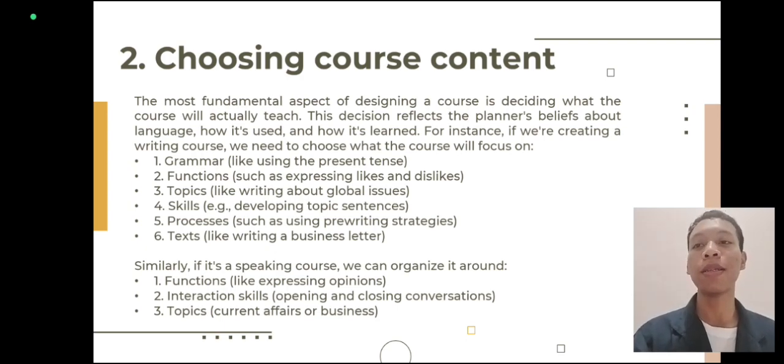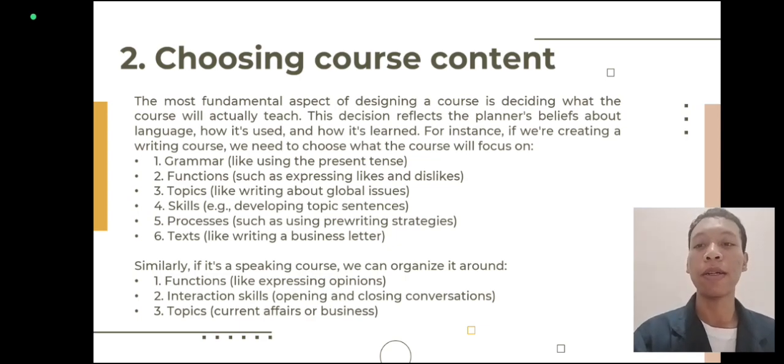First, students will learn grammar, like using the present tense. Next, students will learn functions, such as expressing likes and dislikes. Next, topics like writing about global issues, and skills to develop topic sentences. Fifth is processes, such as using pre-writing strategies, and the last is text, like writing a business letter.